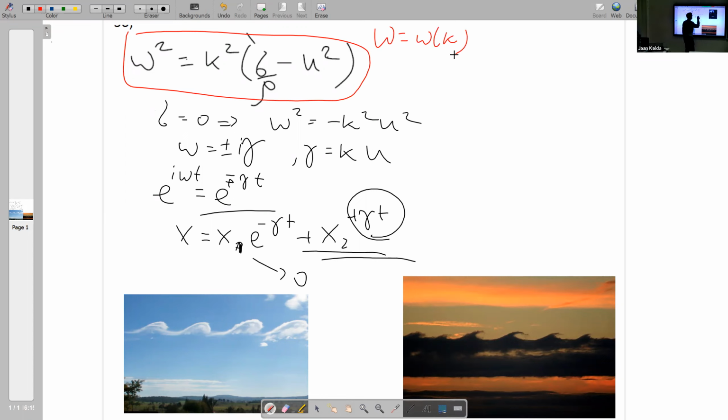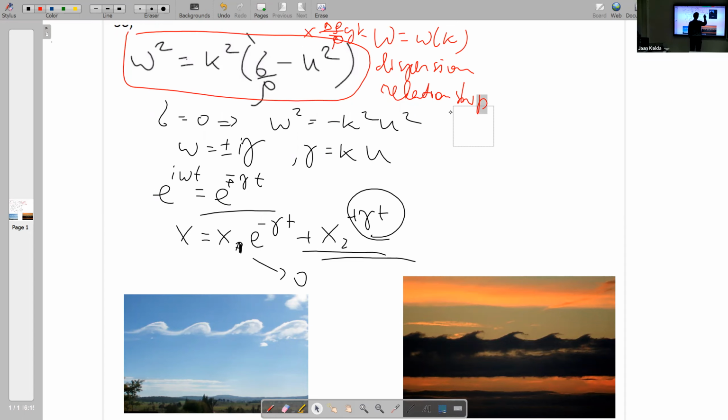And if you add gravity effects here, then you would additionally have something like the density difference delta rho divided by the average of rho, and then times g times k, something like that. Add it to everything.